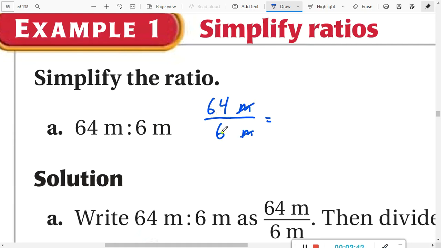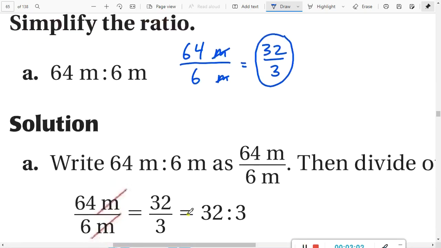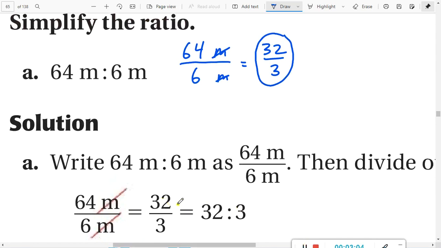And these are both even numbers, so I'm going to divide the top and bottom by the same number. 64 divided by 2 is 32. And 6 divided by 2 is 3. Final answer. And they got the same thing. You can write it as the fraction or like so.